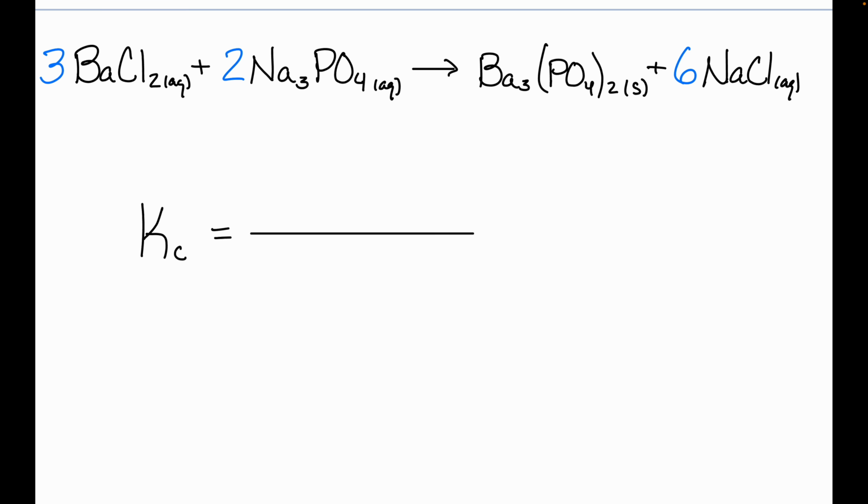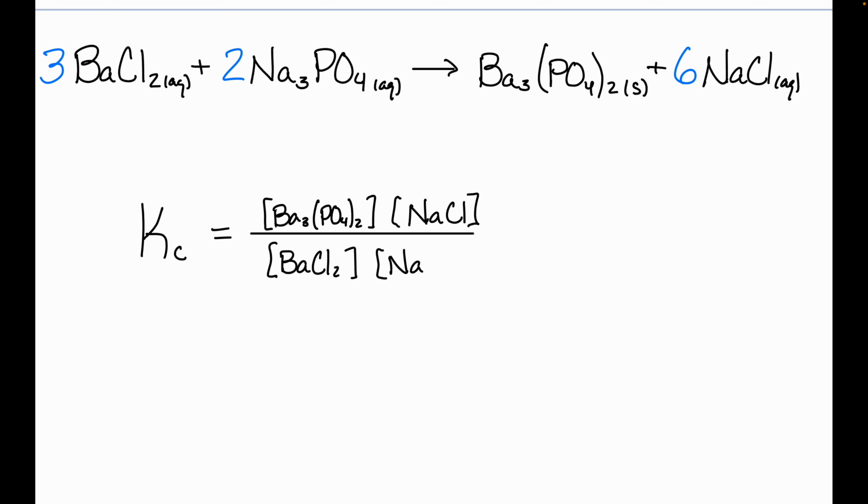All right, so I'm going to do my products over reactants, my barium phosphate times my sodium chloride divided by my reactants, my barium chloride and my sodium phosphate.